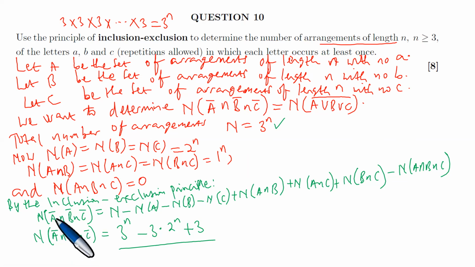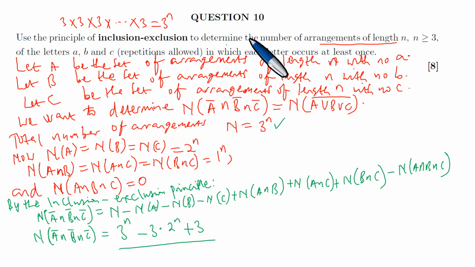Because we're looking at the number of arrangements of length n in which each letter occurs at least once. So we decided to say, okay, let A, B, and C be the sets with no A, no B, no C. Now we want to determine the complement of A intersection complement of B intersection complement of C. Why these complements here?